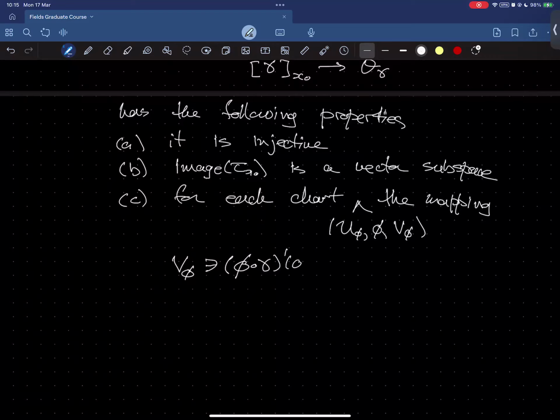An element of V is a vector, and what I'm really saying is that every vector can be represented as the tangent vector of a suitable curve. That's one of the things we have to prove. And this maps to tau x naught of gamma, the derivation. This mapping is linear.